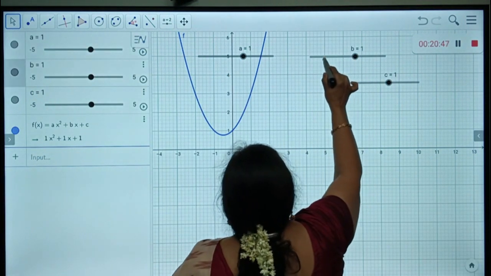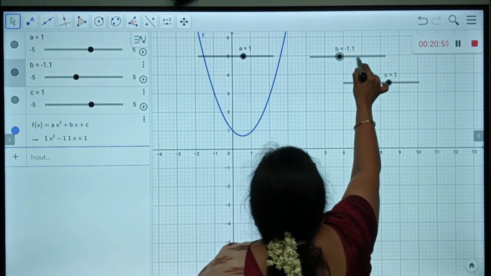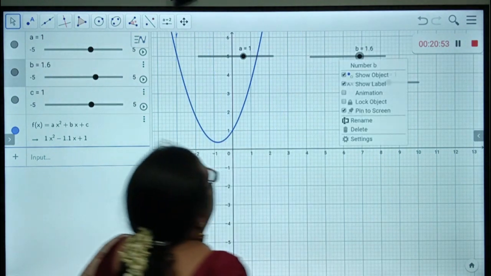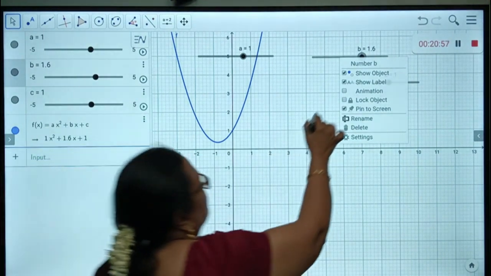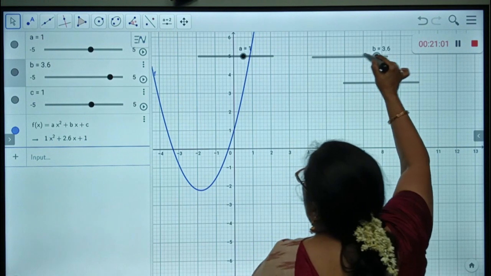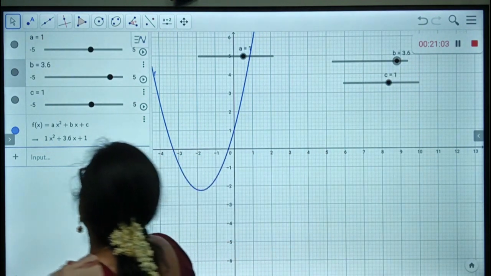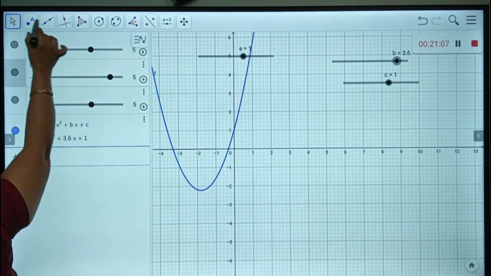Suppose I change the value of b. Now you look at the curve. How many roots does it have? Let me click here.